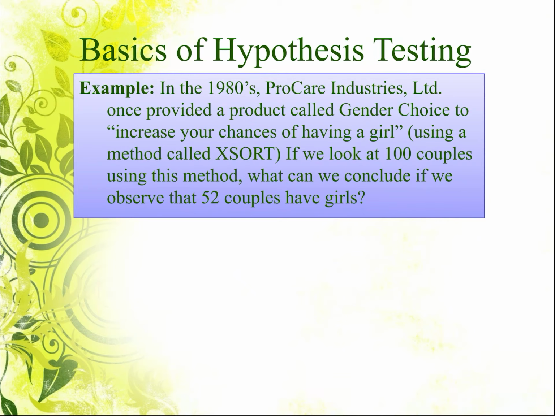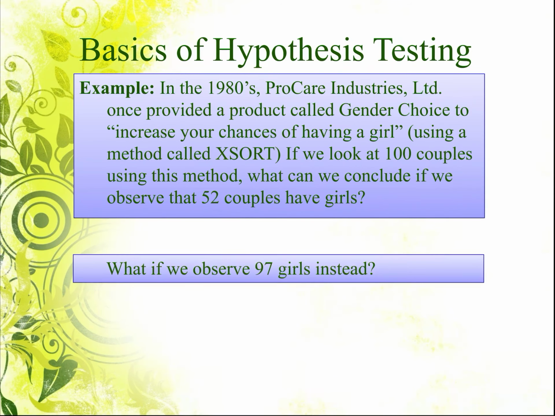Well, we would expect that the chances of having a girl or a boy would be 50% or 0.5. So out of 100 couples, 52 having girls does not seem statistically significant. So a claim that 52 couples having girls out of 100, quote, increases your chances of having a girl would be invalid.